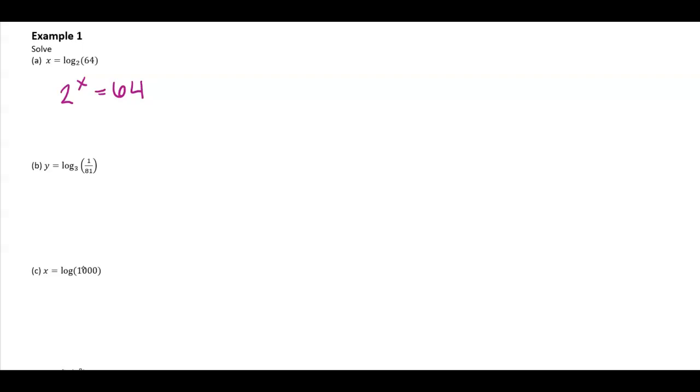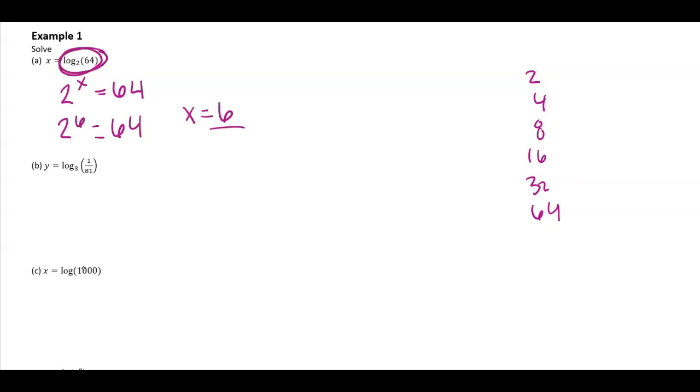Well, this is basically saying 2 to what power gets me 64. That's going to be 1, 2, 3, 4, 5, and 6. 2 to the 6th power gets me 64, and so x must be equal to 6. Therefore, we can just say log base 2 of 64 is 6.